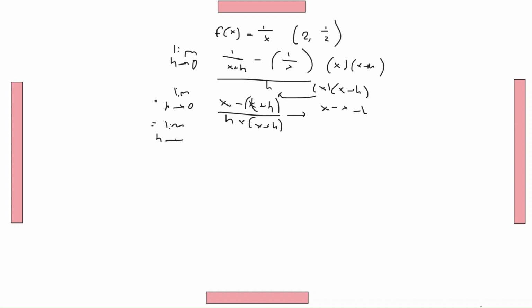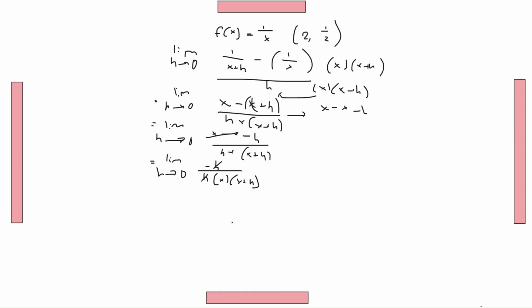So if we were to rewrite this, we'd have the x, because we're distributing the negative, so x minus the x minus the h over the h x multiplied by x plus h. So obviously these x's will cancel, so we're left with just a negative h on the top, and that's good for us because we want the h's to go away, and also lucky for us, everything's being multiplied on the bottom, so we can get rid of the h here.